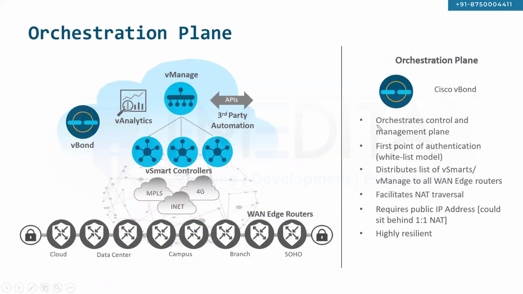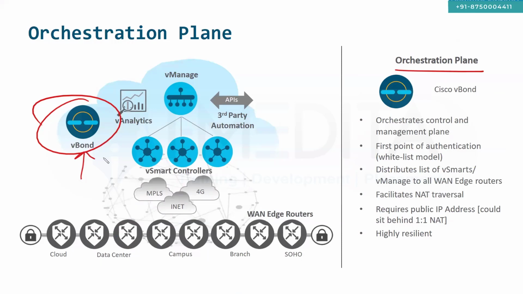Orchestration plane. As I told you, it is going to work as a mediator. This is vBond, also known as the orchestration plane. I would call it the first point of authentication for every component participating in this architecture.